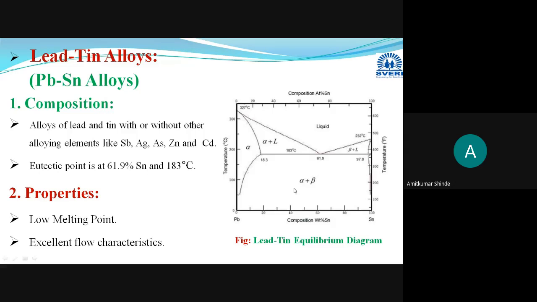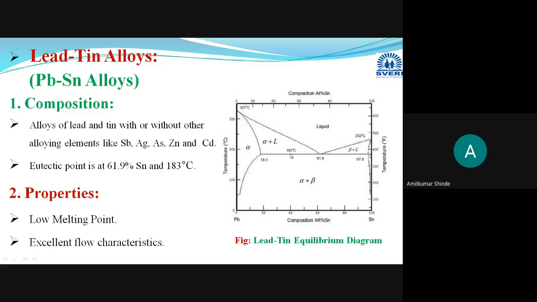This is just for your reference, no need to remember this diagram, they are not going to ask this diagram. What you have to remember here is the eutectic composition and the eutectic temperature point. For lead and tin, the eutectic point is at 61.9% tin, and the eutectic temperature is 183 degrees Celsius.